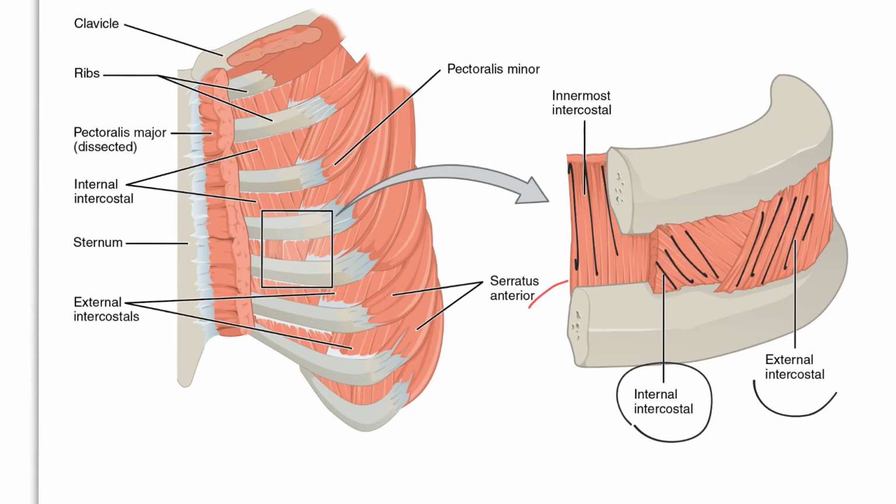Try visualizing that in your head so you understand what that's talking about. These are an antagonistic pair of muscles. Most of the muscles in your body act as antagonistic pairs. What that means is as one contracts, the other relaxes, and vice versa.